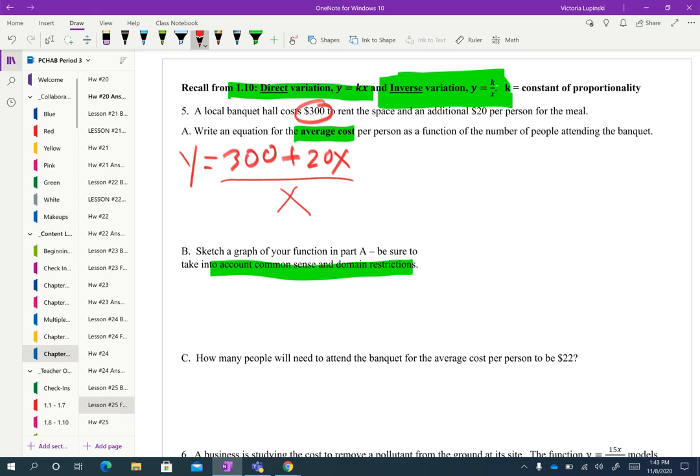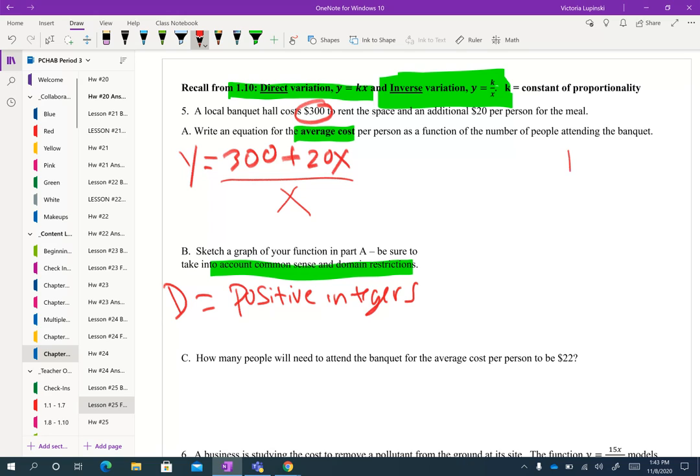You can't have a negative person, and you can't actually even have 0 people because then that would be a pretty terrible party. And plus, you can't put 0 into the equation anyway because you can't have a 0 in the denominator. So there really is no way to say that other than to just say it in words. The domain in this case would be the positive integers. You can only have positive whole people attending your party.